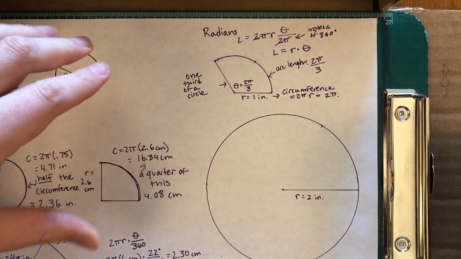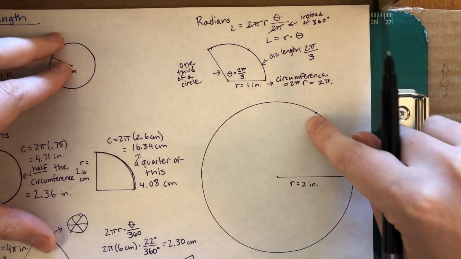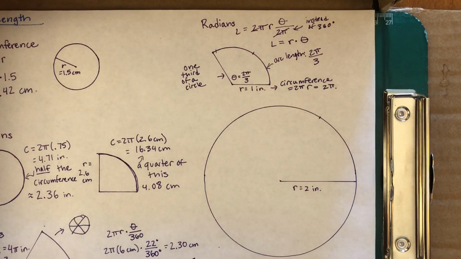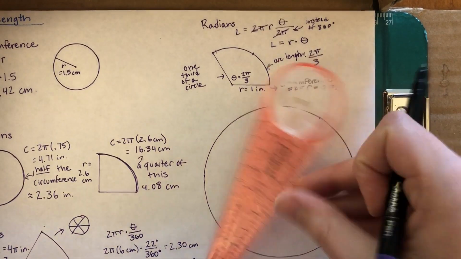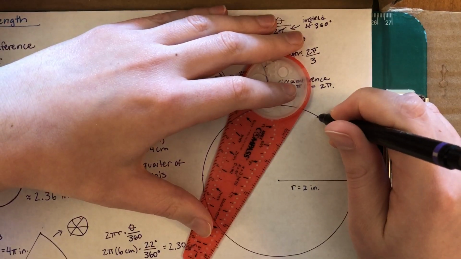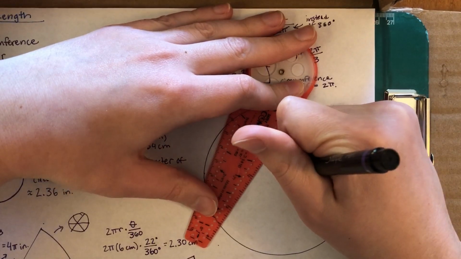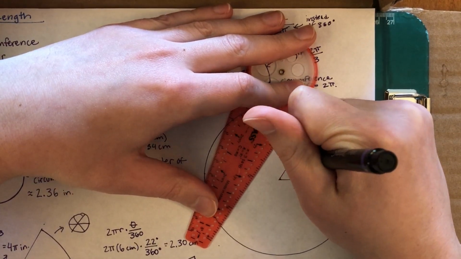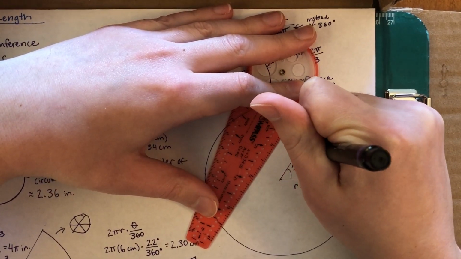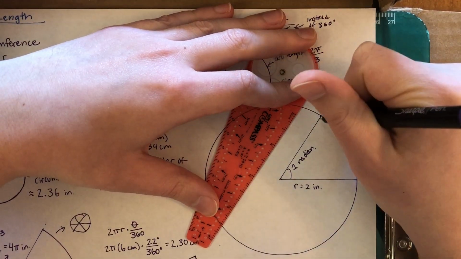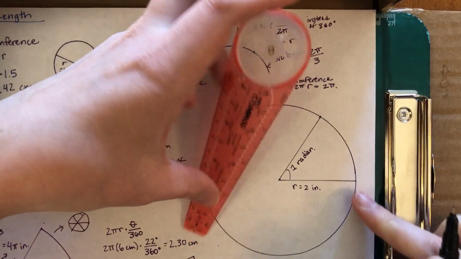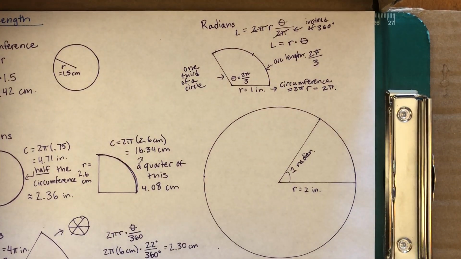Okay, so here are 2 inches of length that I measured along the circle. That means that this angle is 1 radian. The length of this curve is 2 inches, the same as the radius.